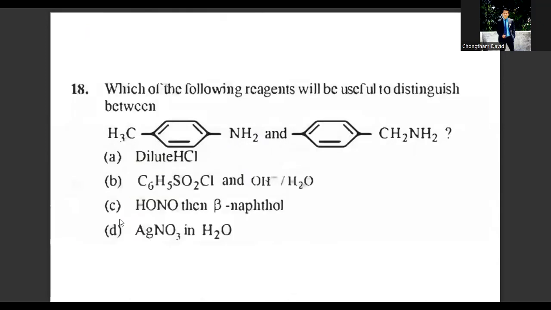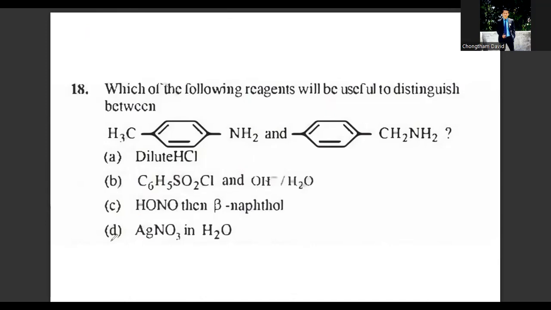Which of the following reagents will be useful to distinguish between the 2 types of amines? See, the first compound will give an azo dye, okay? Whereas the second one will not form an azo dye because nitrogen is not linked directly to this phenyl group. For question number 18, this first compound will give an azo dye.